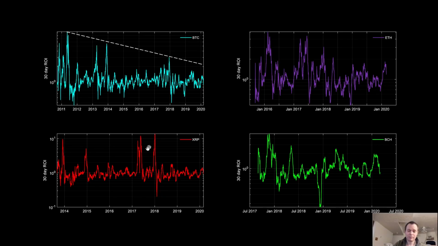So XRP is one of those coins that is just dead forever until it's not. Then you might see a 10x ROI in a month, and then you might not see anything else for another 4 years. So it's kind of interesting in that regard.